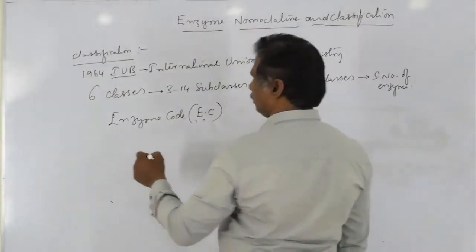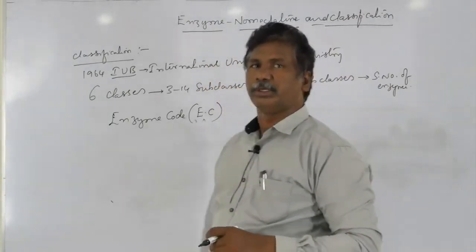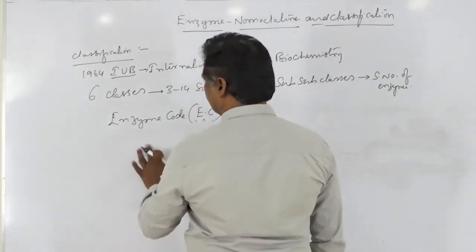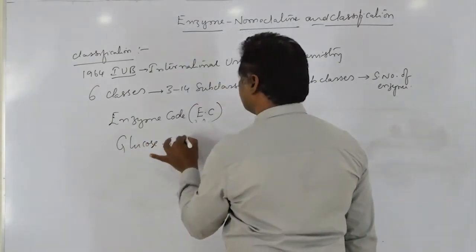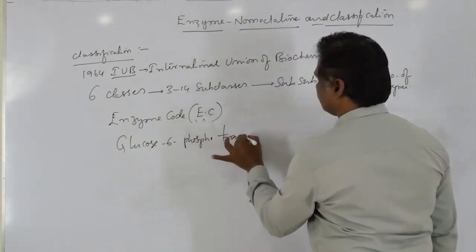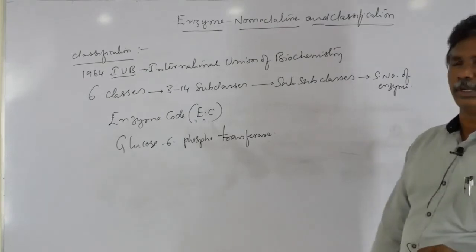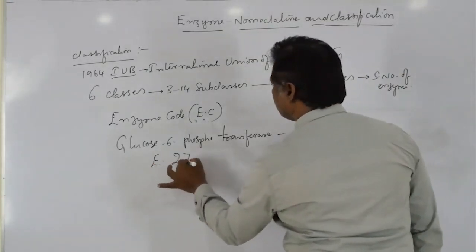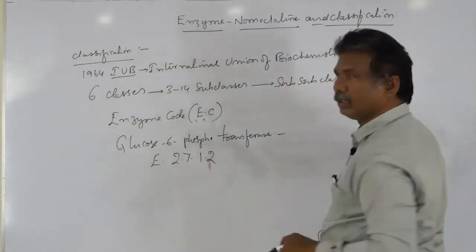One example is there in your textbook, at the end of the enzymatic classification. That is glucose 6-phosphotransferase, with EC 2.7.1.2.